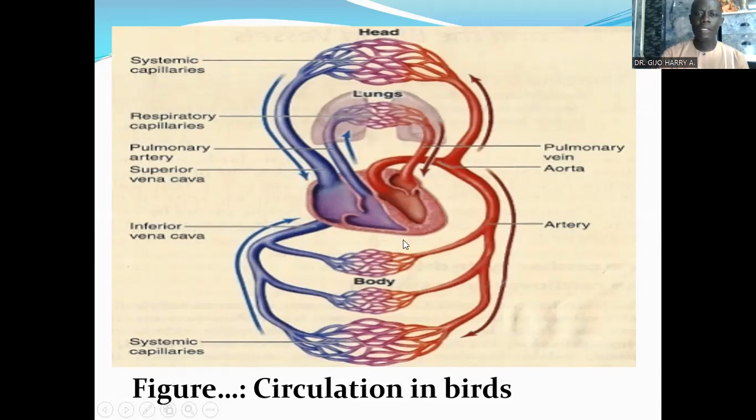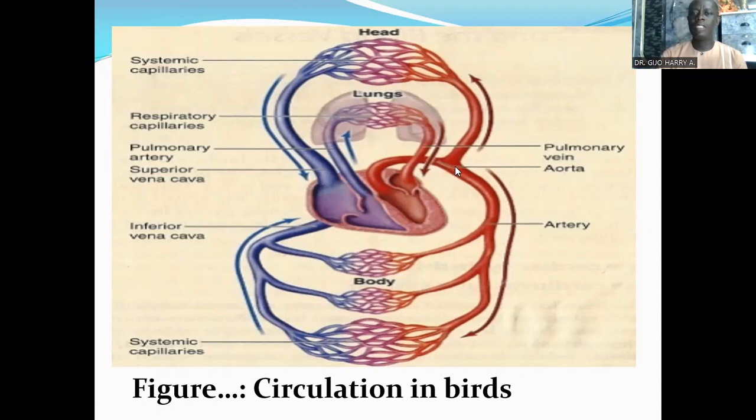Now, just as it is being described here, deoxygenated blood returns to the heart through the right atrium or the right auricle, and then it's pumped to the right ventricle, and then this deoxygenated blood is pumped to the lungs to receive oxygen, and then the oxygenated blood returns to the heart through the left auricle or the left atrium, and then is pumped to the left ventricle, and then to the rest of the body.